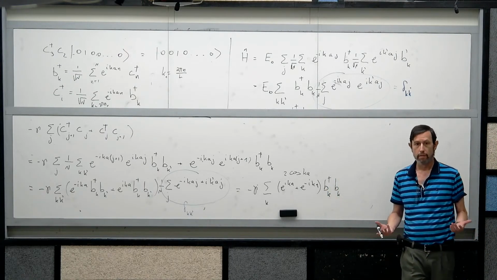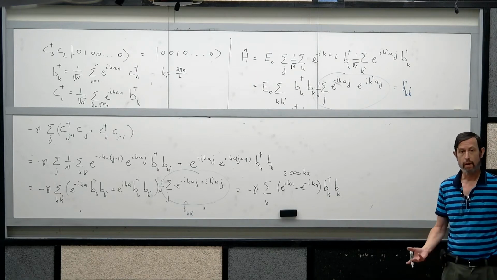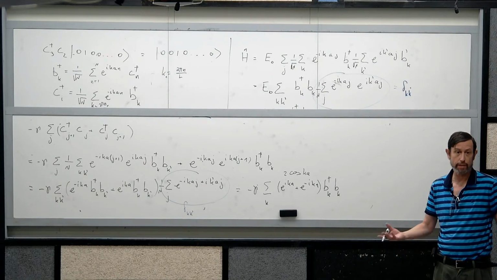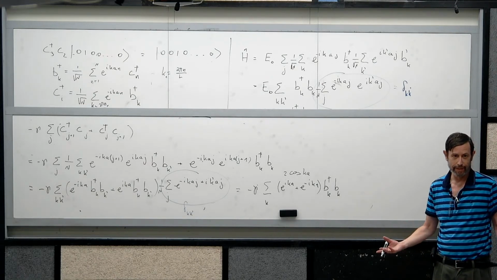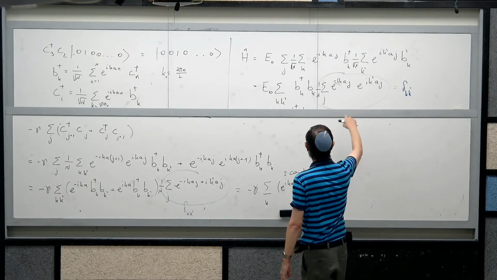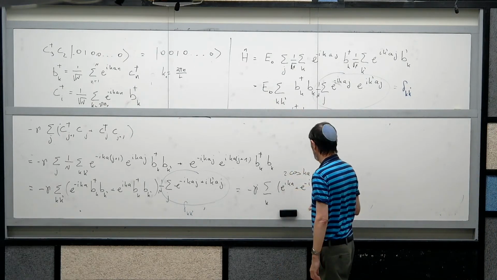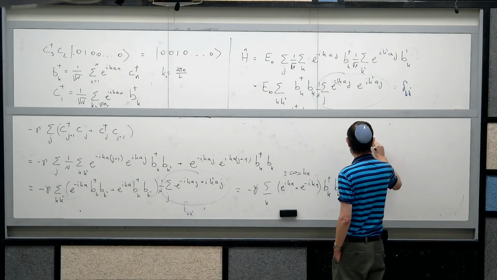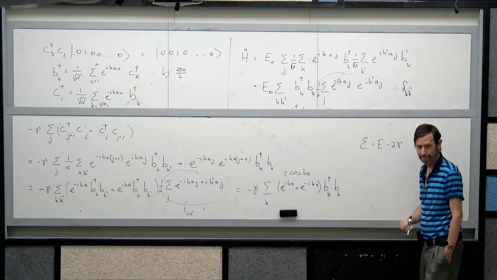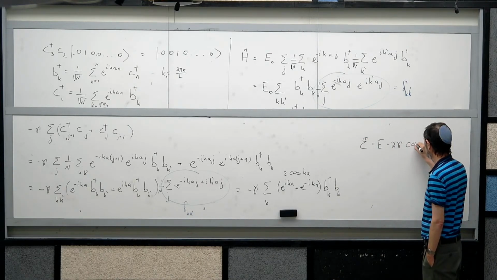Okay. Now, what is the solution to this Hamiltonian? Clearly, it's diagonal in the k states, and the energy is just E0 minus 2 gamma cosine Ka.